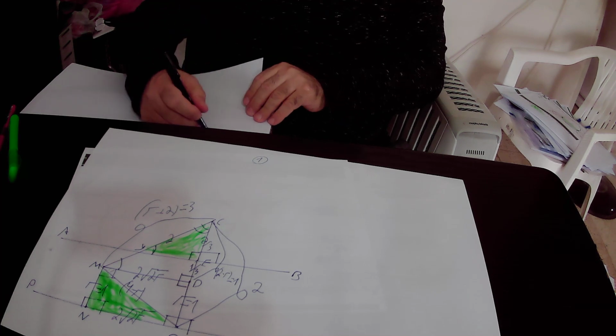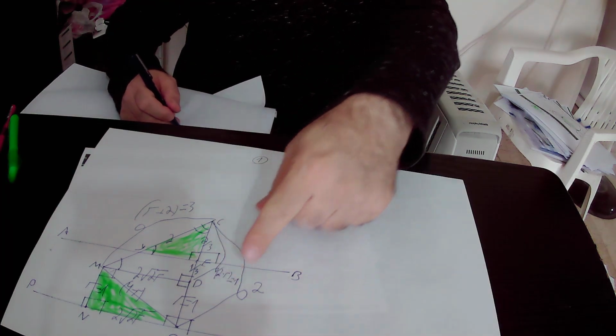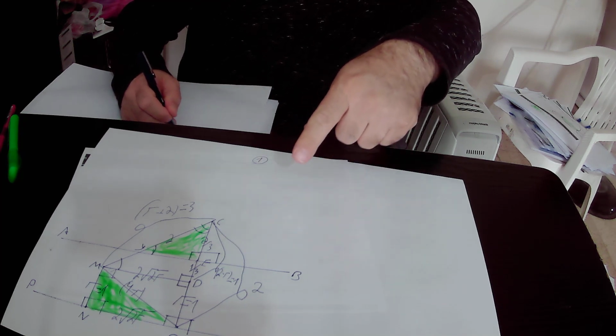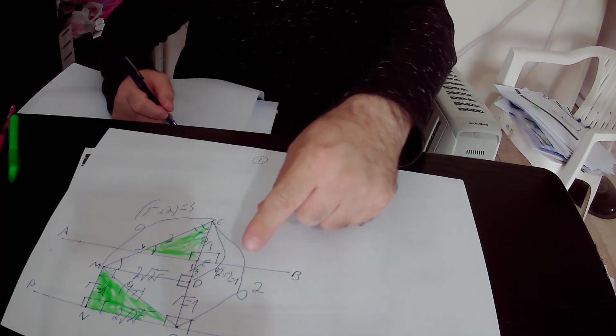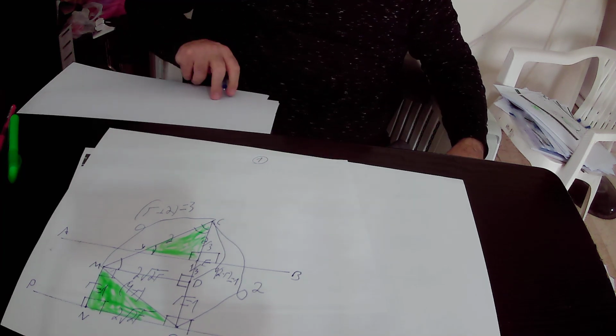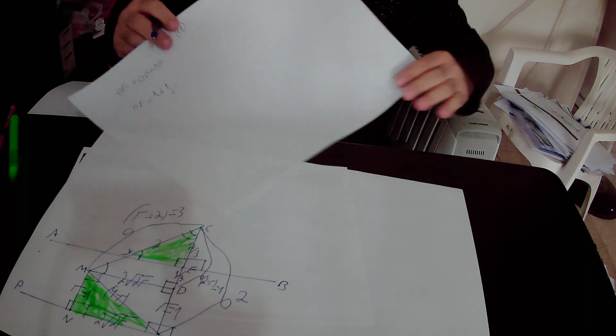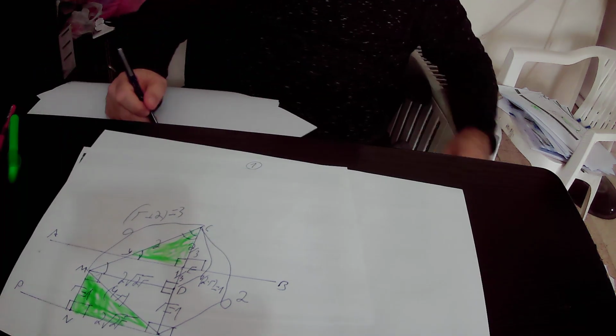We know that OD equals 1, it is the radius of the small circle, and we have already found out that DE equals one third. So in total, OE equals 1 plus one third, which equals 4/3.